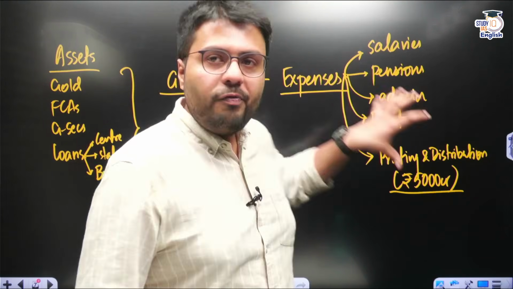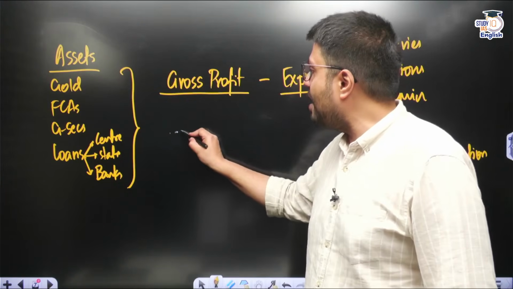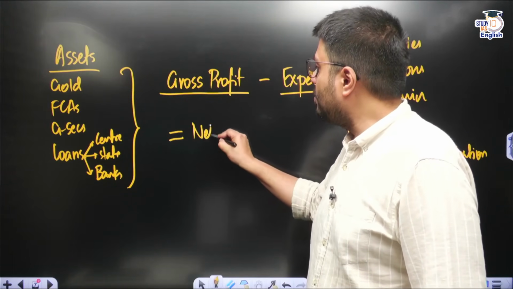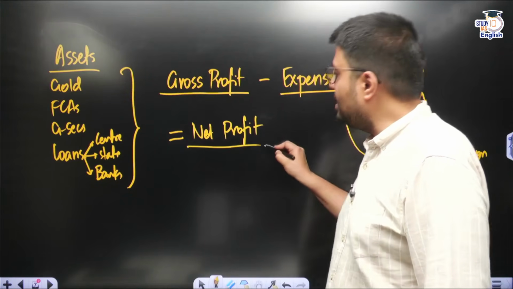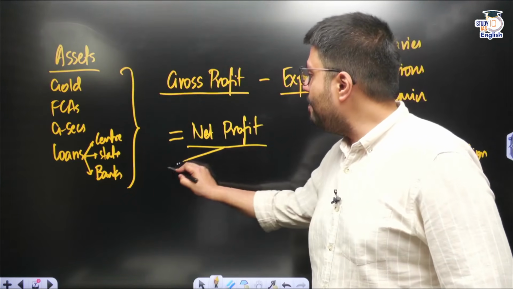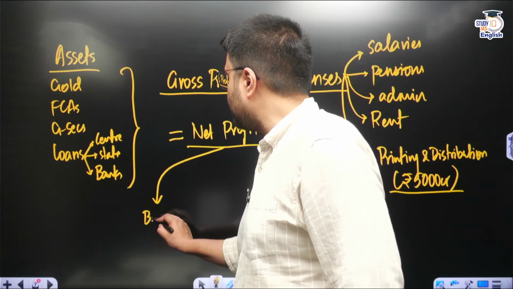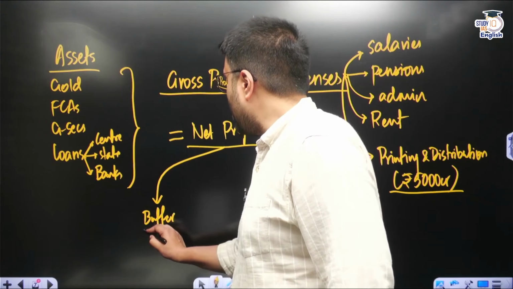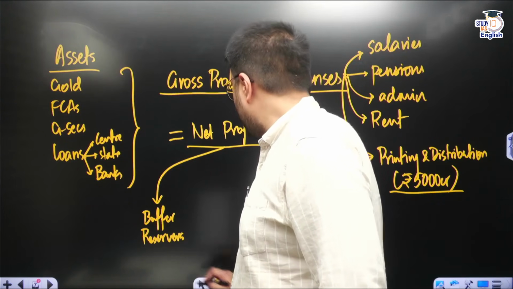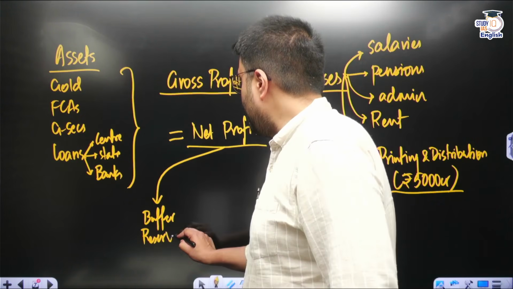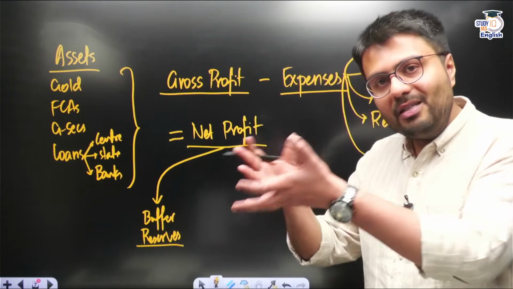So all of these expenses are taken out from the gross profit, and RBI is left with what is called a net profit. Now from this net profit, RBI makes certain provisions for its buffer reserves, right? RBI maintains some buffer reserves which it will use to meet any emergency-like circumstances.